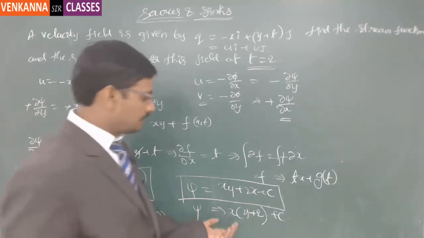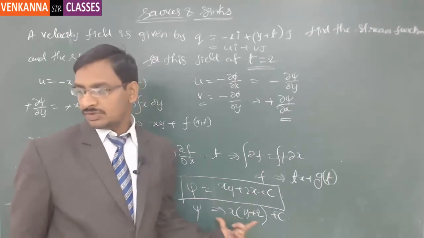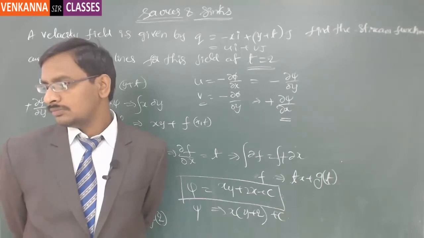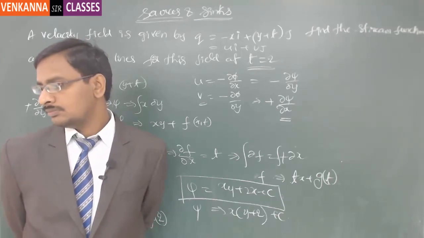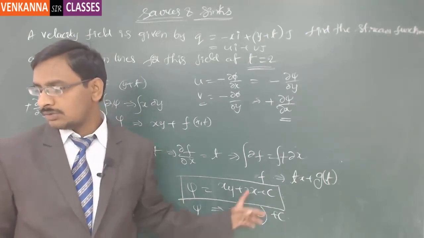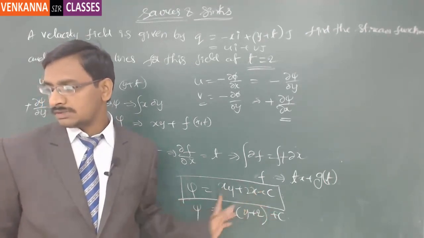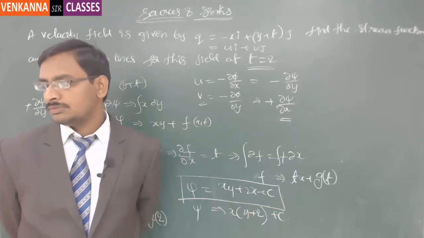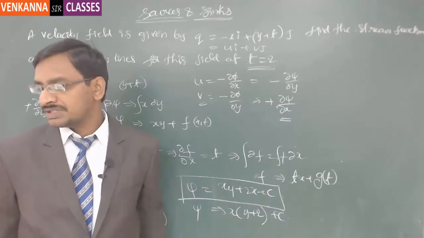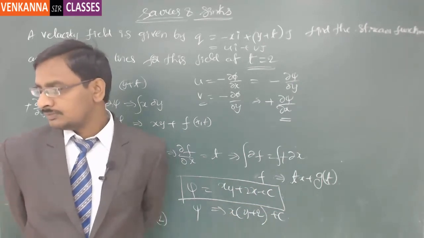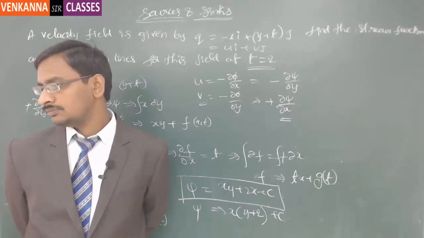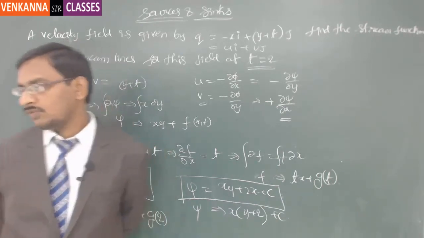Try to imagine the shape of this curve, how it is going to be. It's not 2x, so x is taken out, and x is coming out here, y plus 2. So what is the shape of this curve? Where is the confusion?